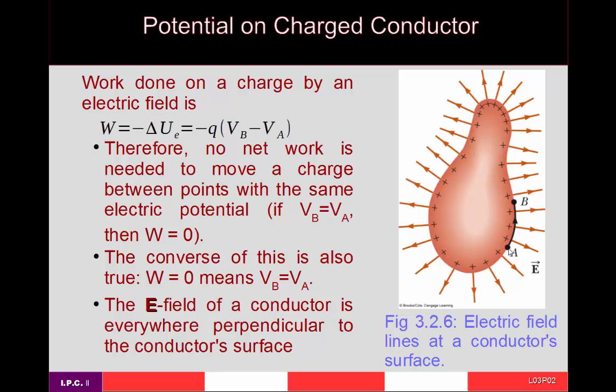So that means that everywhere on the surface of the conductor we have an equipotential surface, and that means that the electric field must be perpendicular everywhere to the surface of the conductor.